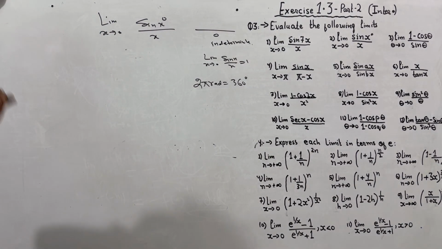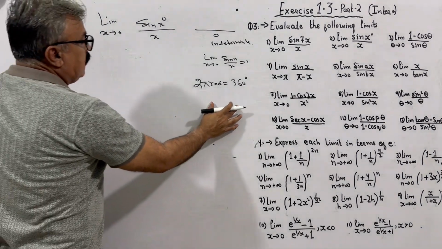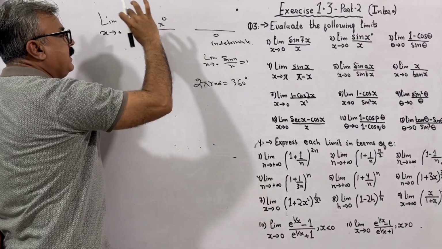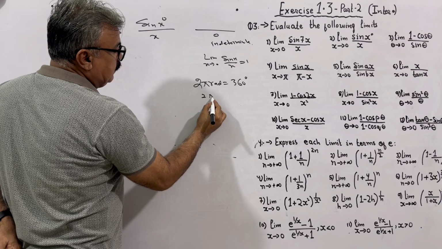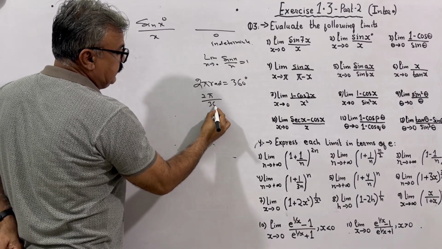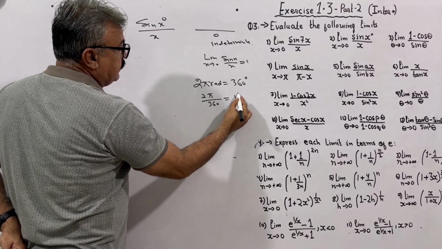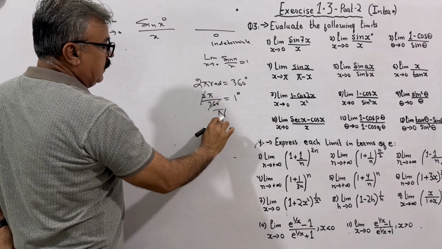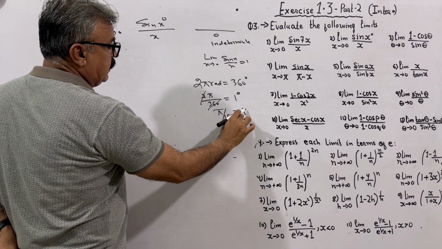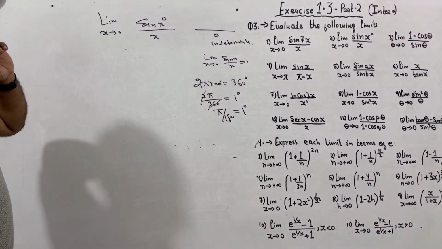Shifting 360, 2 pi over 360, pi over 180 is equal to 1 degree.